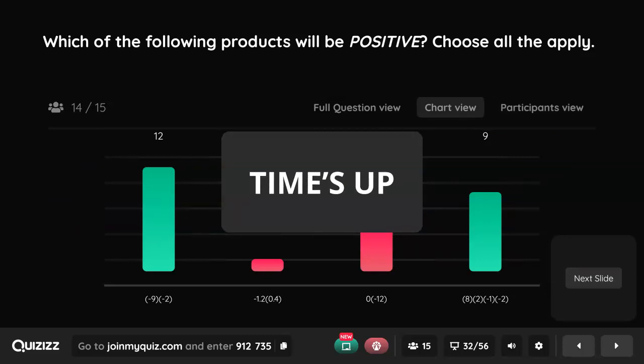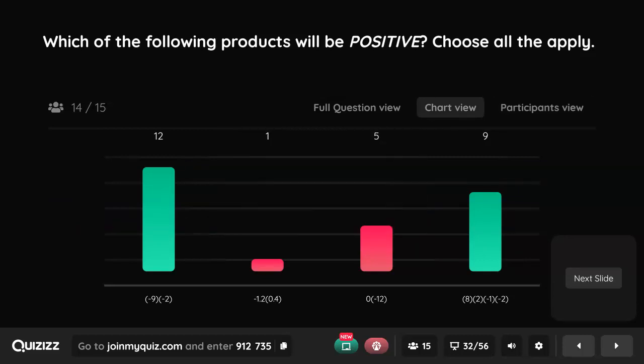Okay. All right. Same sign. -9 times -2 gives us a positive product. Good. A lot of us got that. Different signs is negative. Okay. Doesn't matter how big or small they are. Different signs are going to be negative. 0 times -12 is going to give me what? 0. 0 is neither positive nor negative.